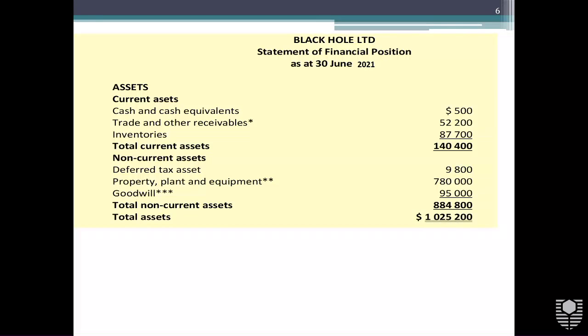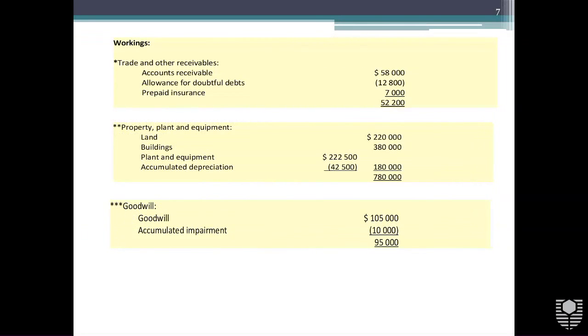Okay, we've got property, plant and equipment there. Our property, plant and equipment is made up of land and buildings and plant and equipment, and we've also got accumulated depreciation there. Land and buildings have just been revalued. Land doesn't normally have any depreciation associated with it, but buildings can, but they've just been revalued, so we've got the straight 220 and the 380 there. Plant and equipment, 225,000.